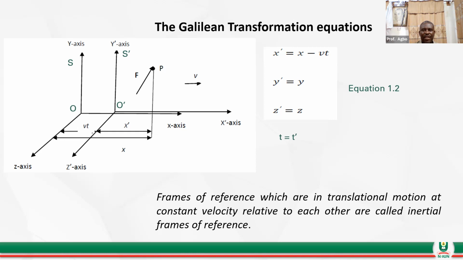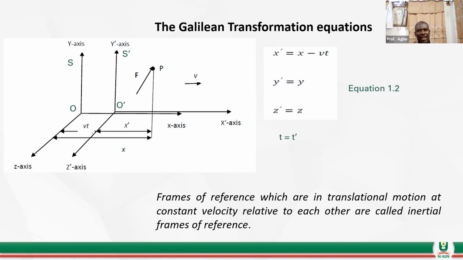One in a moving car, one stationary on the ground, and both of them are made to measure the length of a rod, either in the moving frame or in the stationary frame. And we asked the question, who is moving? So we are past that aspect, but here we want to relate that to Galilean transformation.